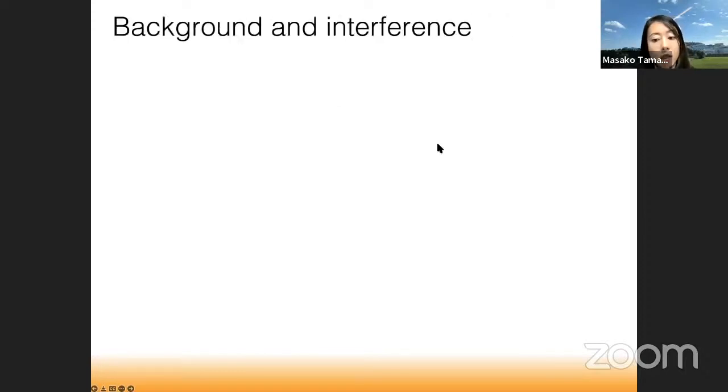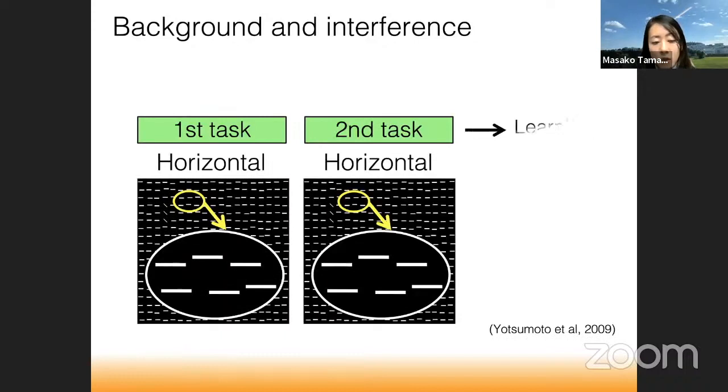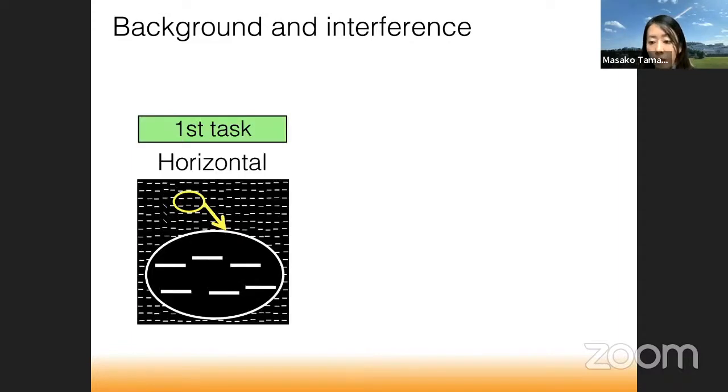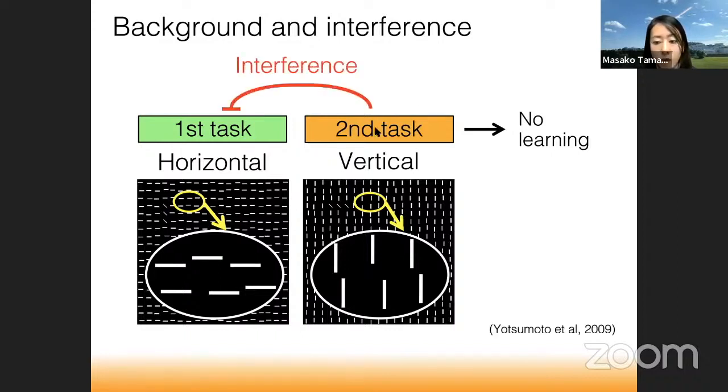Now, if the orientation of the background lines is the same across the two training sessions, say horizontal, then horizontal again, learning occurs. However, if the orientation of the background lines is changed from the first to the second training without a time interval, say from horizontal to vertical, then no learning occurs with the first background, due to interference from the subsequent new learning on the first learning.